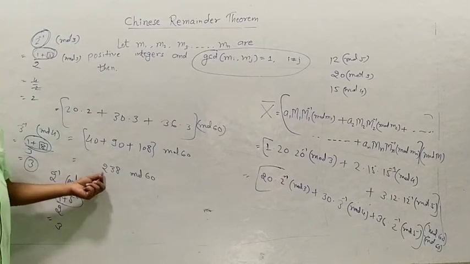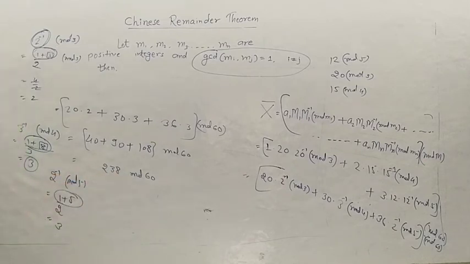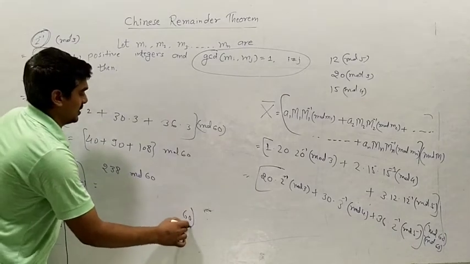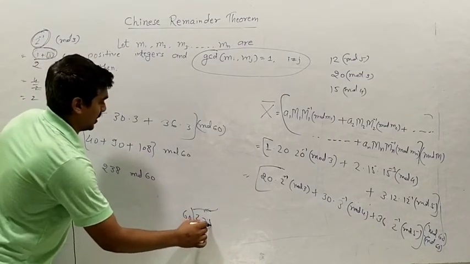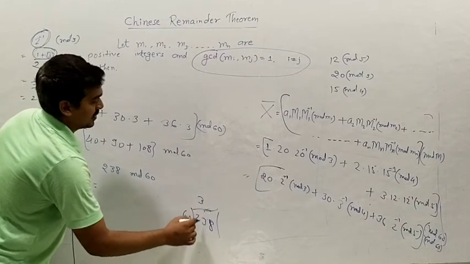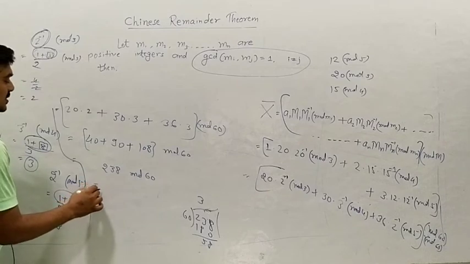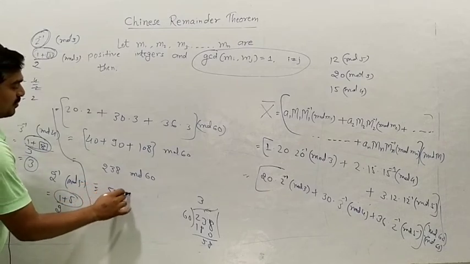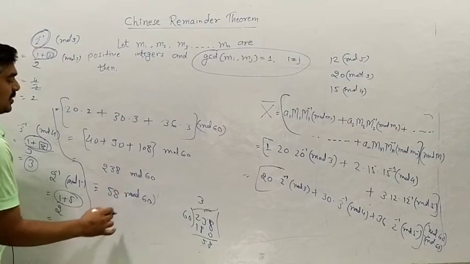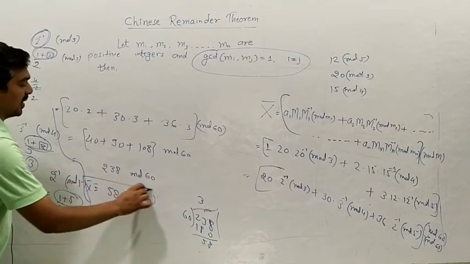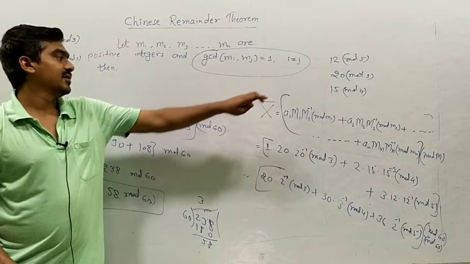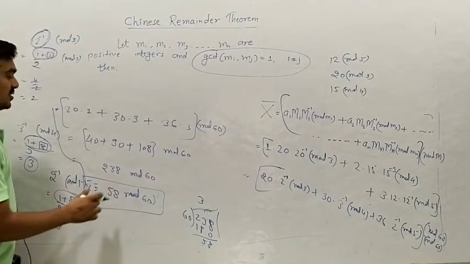Now 238 in modulo 60, what will it become? 6 3s are 60, divide 238, then what is remainder? 3 is a 180, and that is 58. Okay, so this is congruent to 58 modulo 60, and this is your answer. X bar is equal to 58 modulo 60.